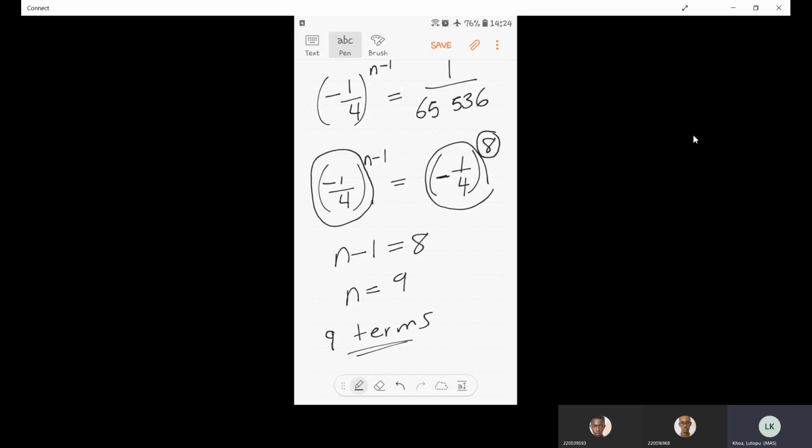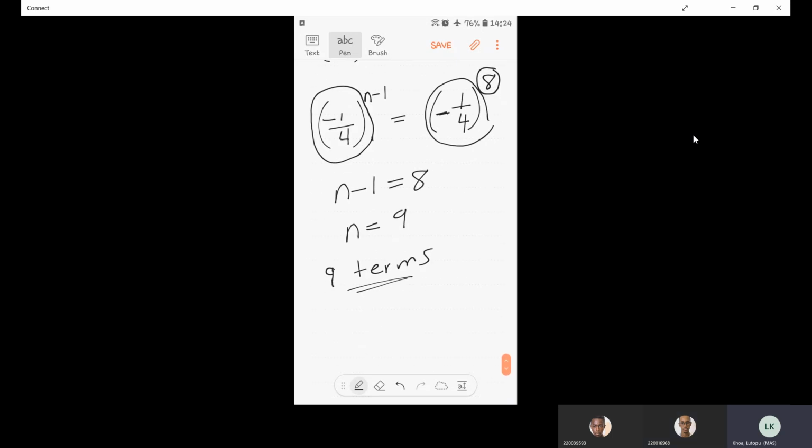Given these 9 terms, what I can do now is work out the sum of the first 9 terms. So I'm looking for S9, and this is equal to negative 2, which is my A, multiplied by 1 minus my R, which is negative 1 over 4, to the power of n, then divided by 1 minus negative 1 over 4.